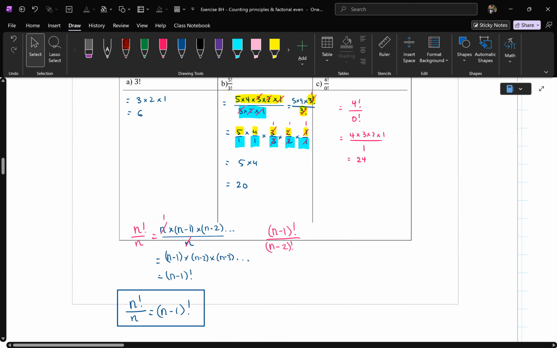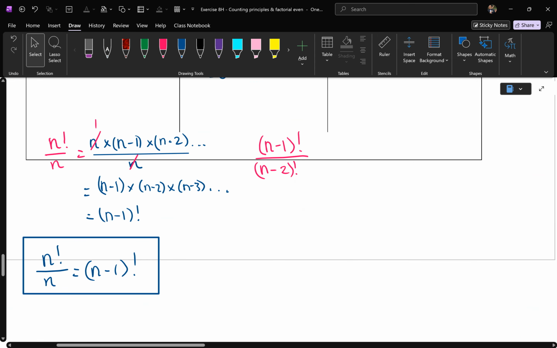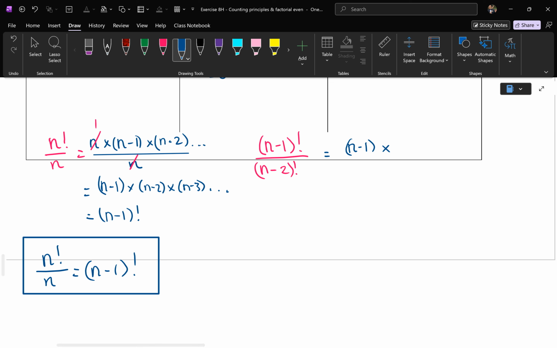Okay? And then let's see what you get for the second one, assuming you've done it. Again, same idea. Notice this is equal to n minus 1, and then times by the number below it, so minus 1 again to it. So n minus 1 becomes n minus 2. Then you go 1 below that one as well, so then it becomes n minus 3, and it goes on, right?